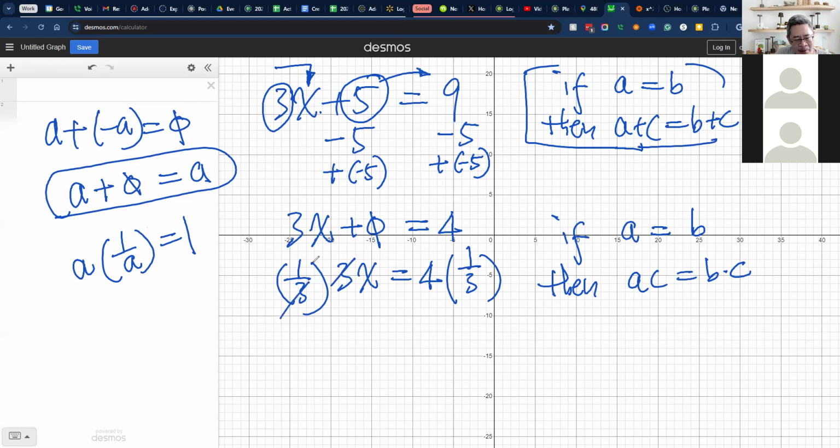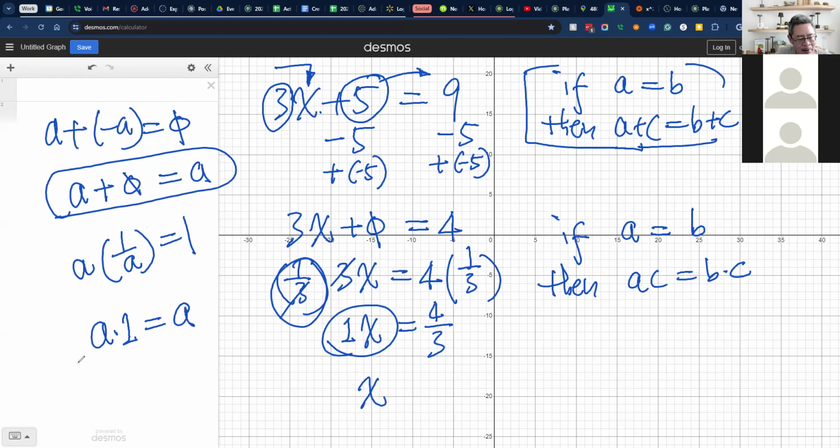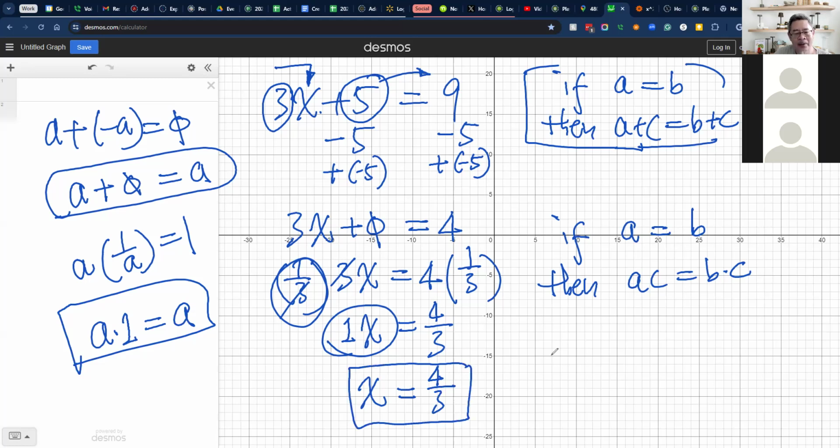So basically 1/3 times 3 is just 1. And on that side is 4 over 3, but also 1x is just x itself. So we know that a number times 1 is the number itself. That is also the identity property. So we got our answer, 4/3. You can see how the properties get used in order to find the answer.